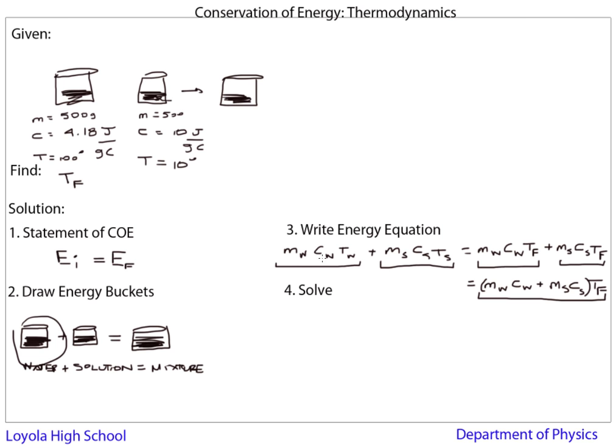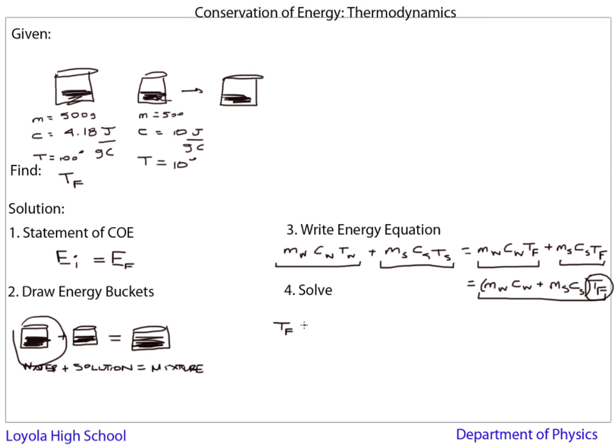Given all of these values, which we know, the mass of the water, specific heat, temperature of the water, mass of the solution, specific heat of the solution, and temperature of the solution, the only unknown we have here is the final temperature, and that's what we want to solve for. So the final temperature is basically this initial energy divided by the mass of water times C water, plus mass of solution times C solution.